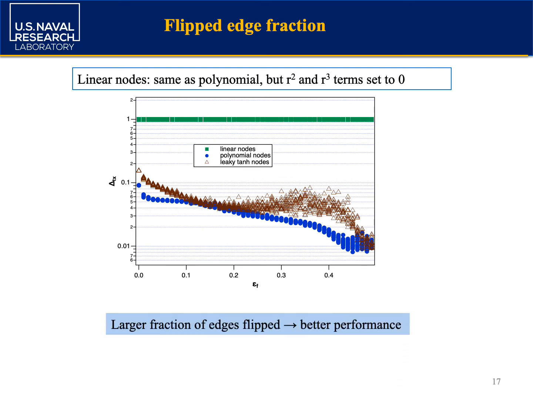So essentially a larger fraction of edges flipped leads to better performance. Again, more diversity in the network gives better performance. It seems obvious, but really I find in nonlinear systems, nothing is ever really obvious until you measure it.